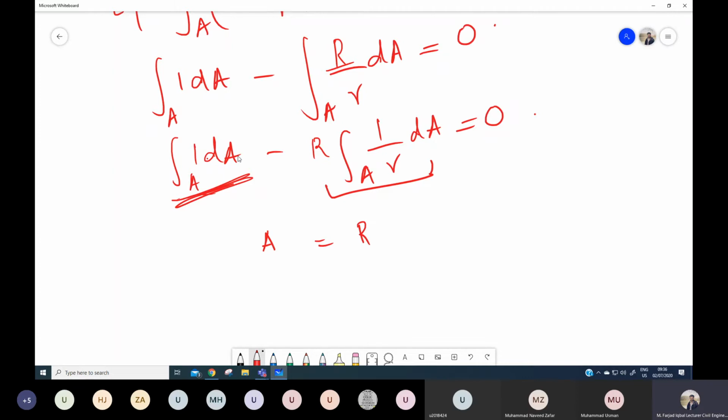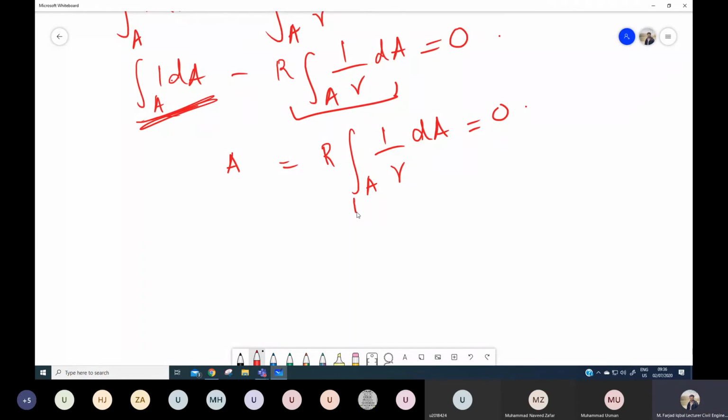Is there any confusion about this one? If you simply integrate it, you will get, let's say, like a random variable x, and if you substitute this limit A, you will get the answer as area. So this integral we have solved is equal to A, and if I take this factor over here, I will get integral of 1 over R dA is equal to 0.